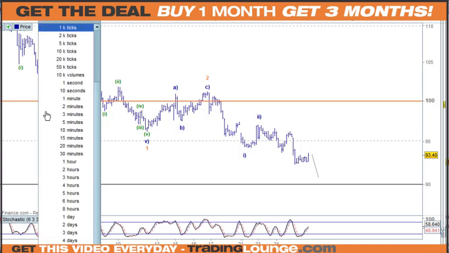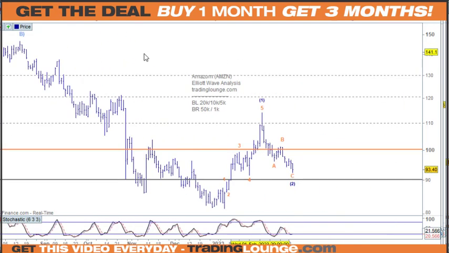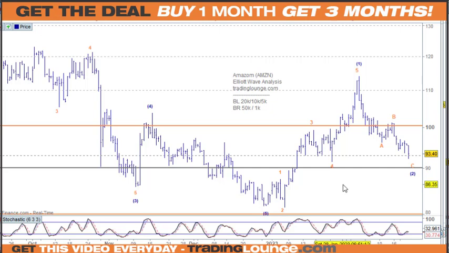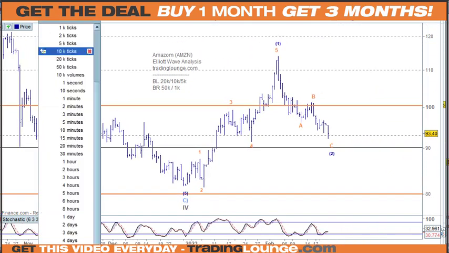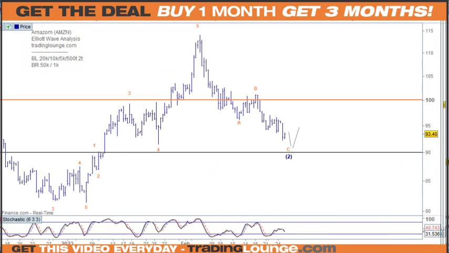So a slightly different count on this one, but on the bullish count now, looking at it like this, all we're really looking for in both cases is a trade setup, and we just don't have that.